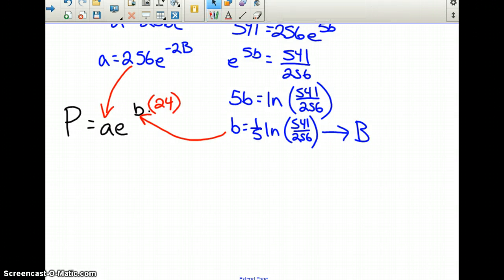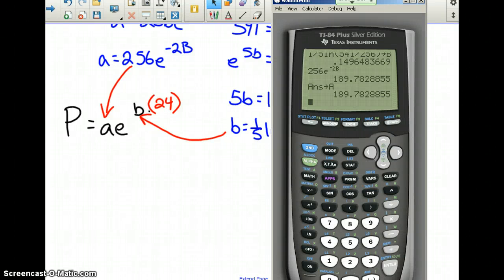So in my calculator, I put alpha A e to the 24 alpha b. Oh, that's the wrong thing. Alpha b.